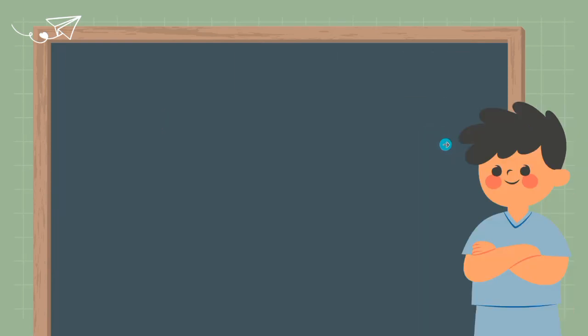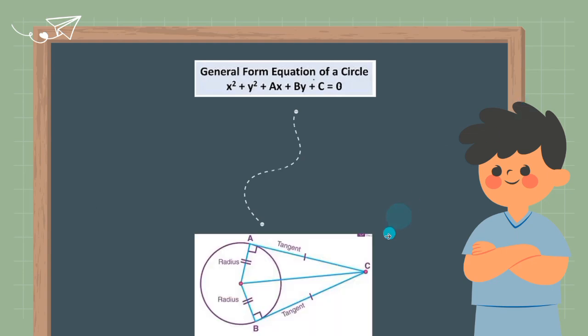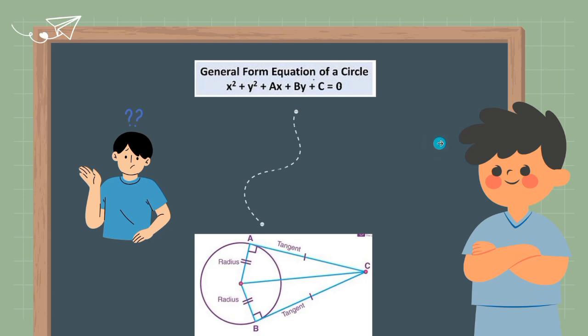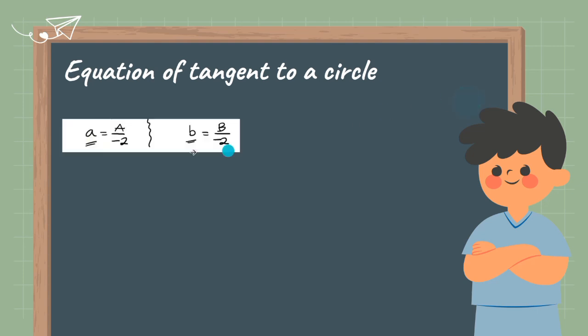So, what is the relationship between the general form of the circle equation and the equation of the tangent to the circle that we will discuss? Okay, to find the equation of the tangent to the circle, we need the general form of the equation. We know that the value of a is A capital over minus 2 and b is B capital over minus 2.